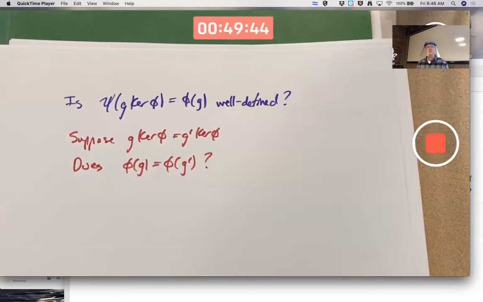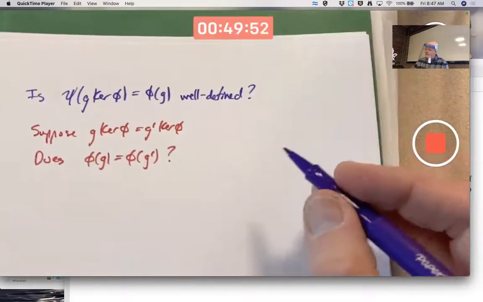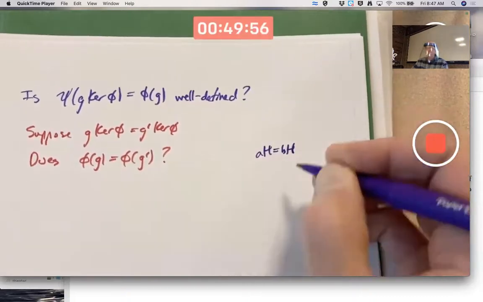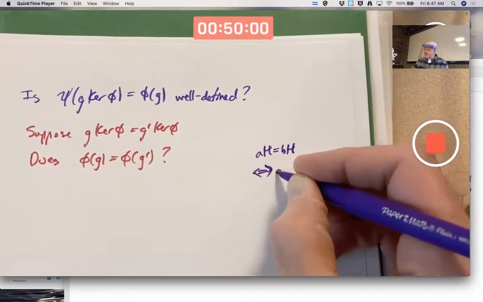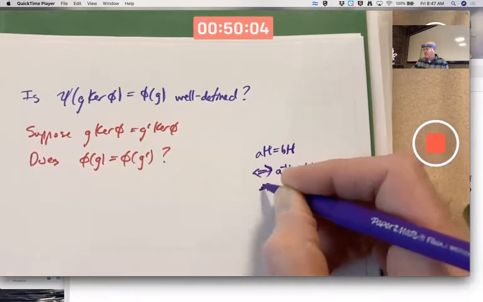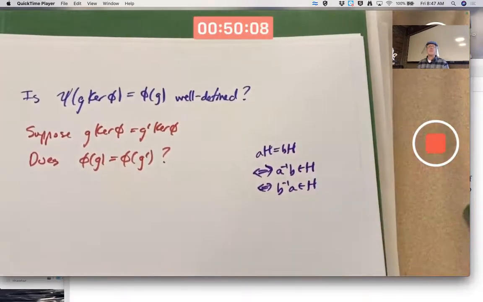How would you show that? Here's one way. Remember this property of cosets? aH equaling bH is equivalent to, for example, a inverse b being in H, which is also equivalent to b inverse a being in H. Remember that? It's a property of cosets.